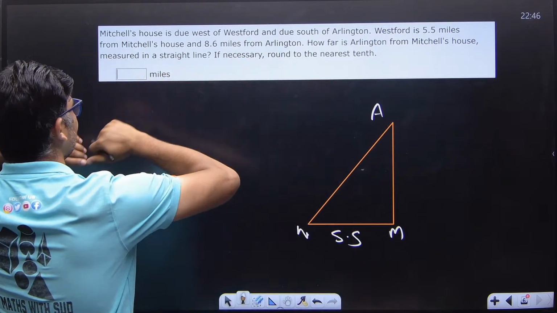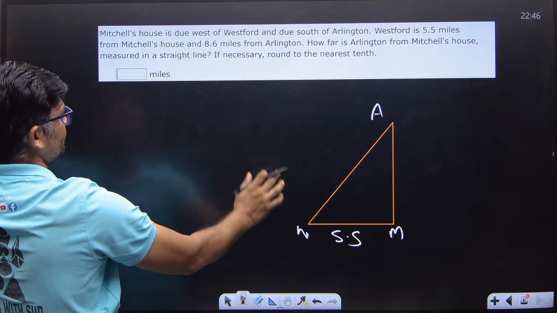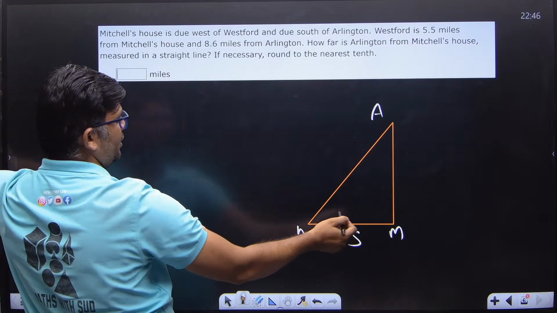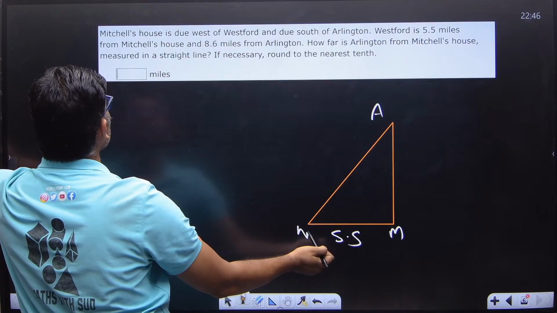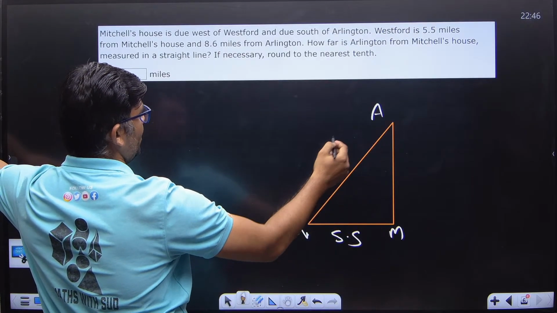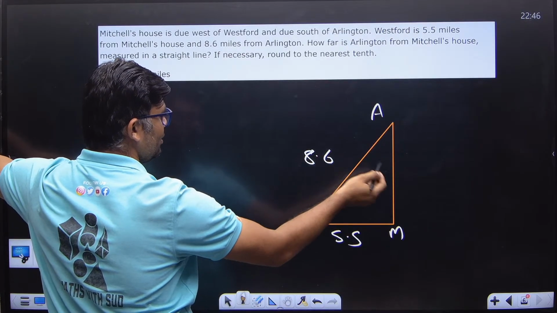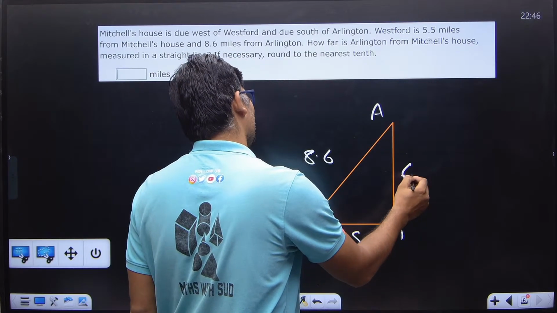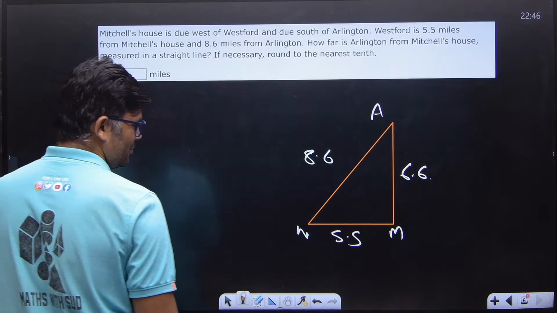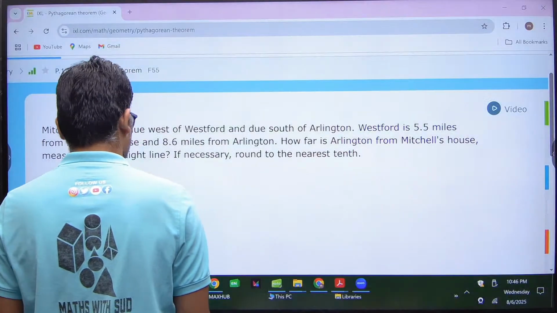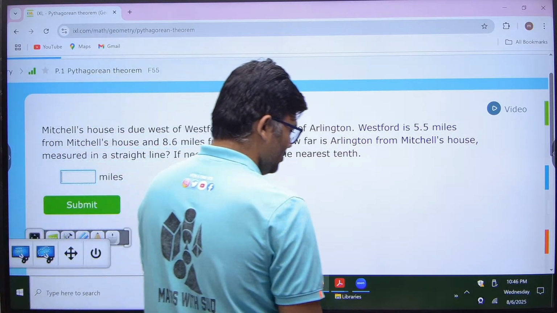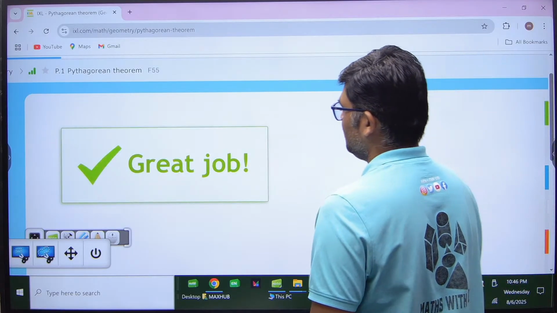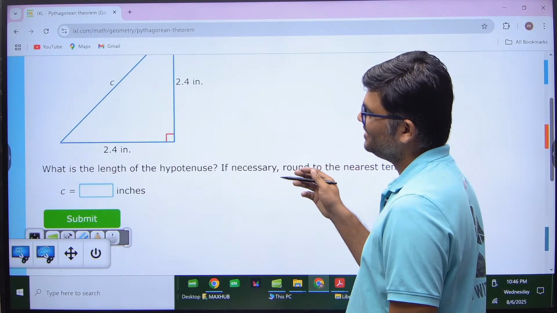Because it says it's west of Westford and south of Arlington. Westford is 5.5 miles from Mitchell's house. Oh my god, so you were doing it correctly. What's your answer? 6.6. So I will type 6.6 without any question now. Correct. Fantastic. Great job.